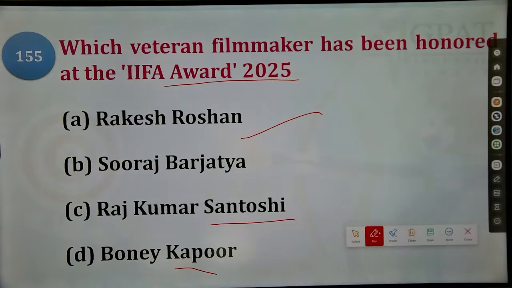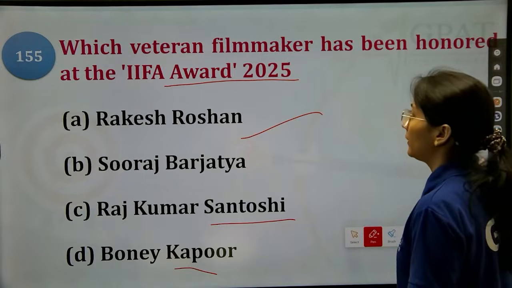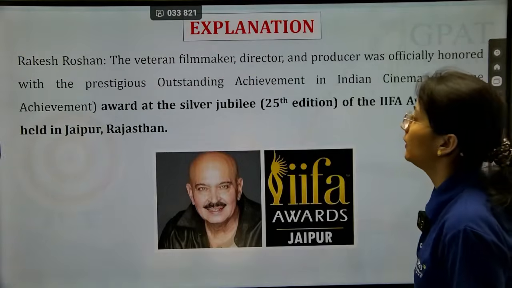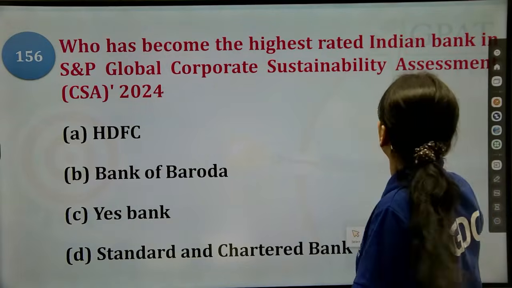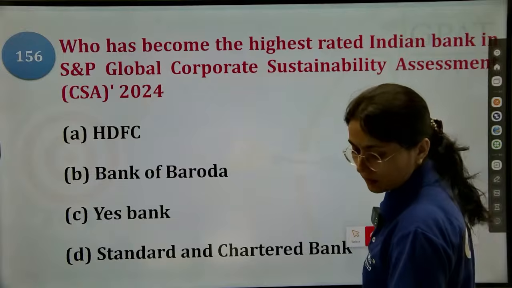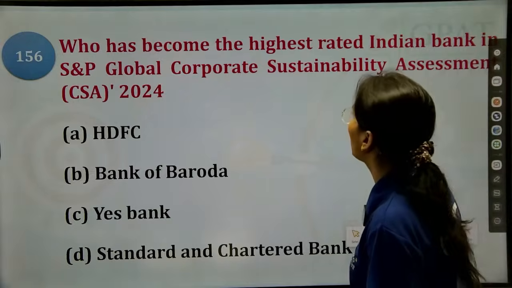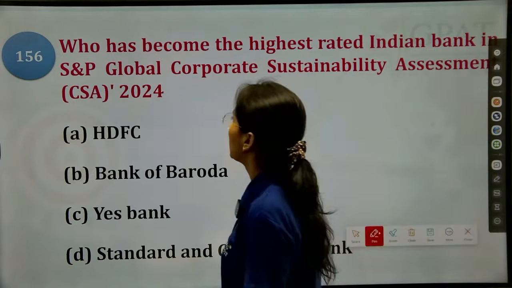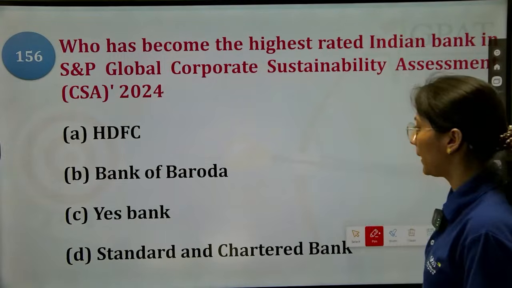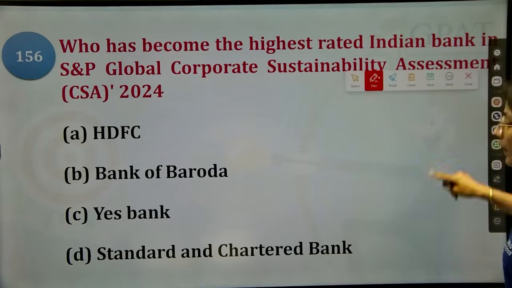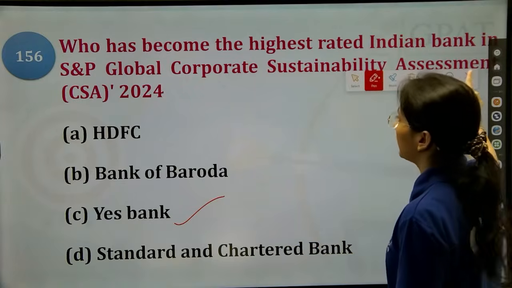Next, which has become the highest rated Indian bank in the S&P Global Corporate Sustainability Assessment CSA 2024? HDFC, Bank of Baroda, Yes Bank, Standard Chartered Bank. The answer is Yes Bank, option C.